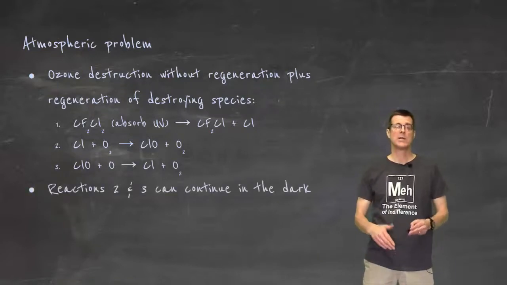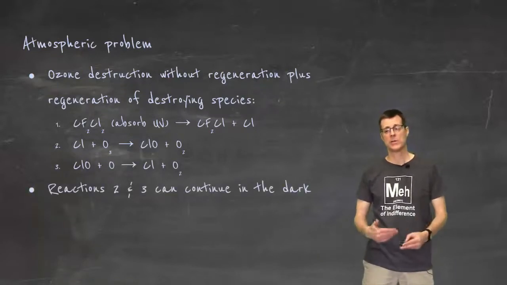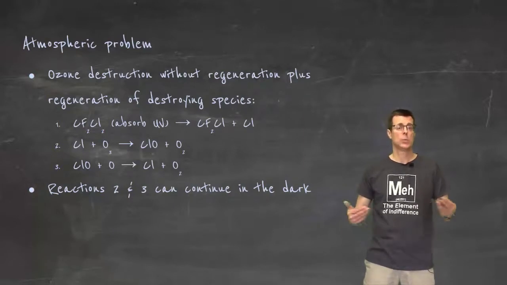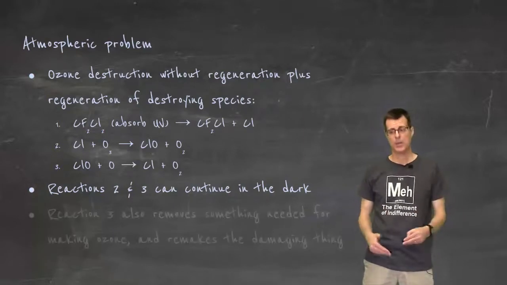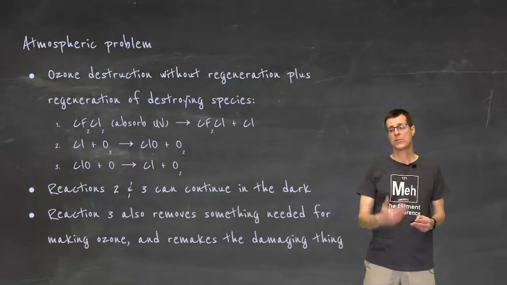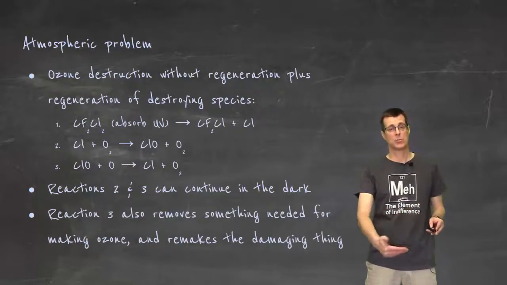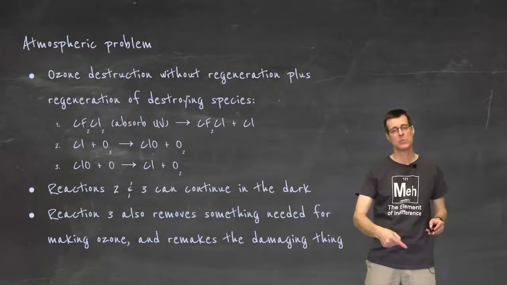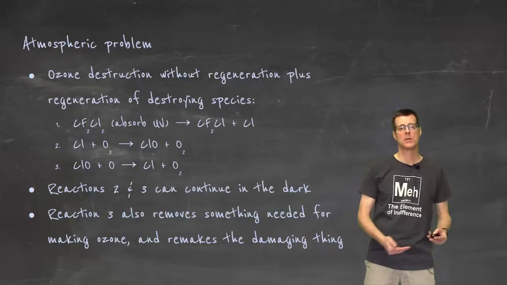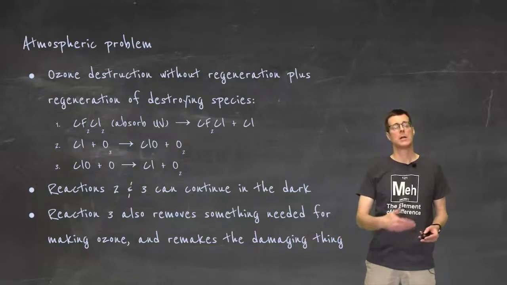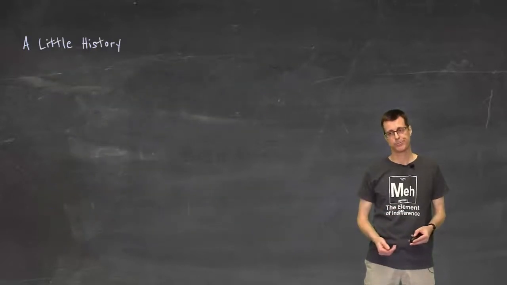Number one is that reactions 2 and 3 continue when the lights are off, wintertime, at night. And second thing is reaction 3 makes the thing that can go out and break ozone. So 2 and 3 keep going, keep going, keep going, keep regenerating the problem piece that breaks ozone.